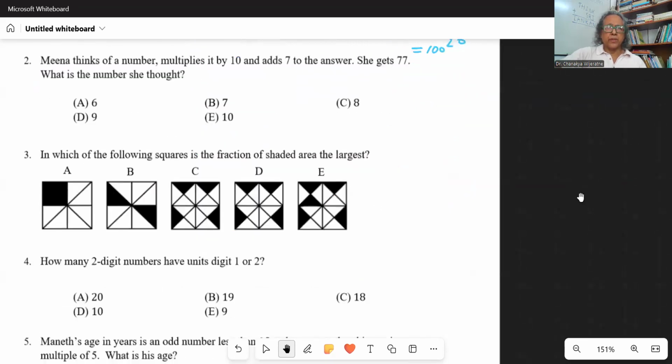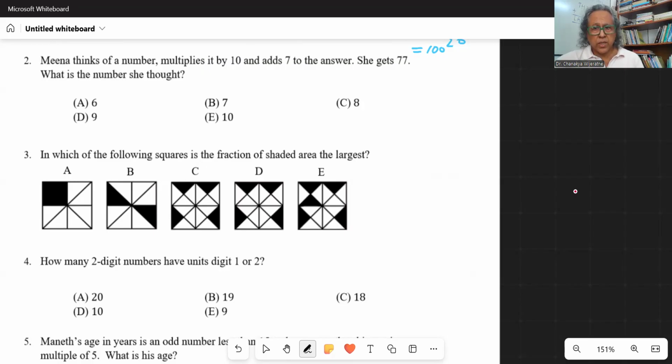Mina thinks of a number, multiplies it by 10 and adds 7 to the answer, she gets 77, right? So we can actually find the answer by reversing what she did. She got the final answer by adding 7.